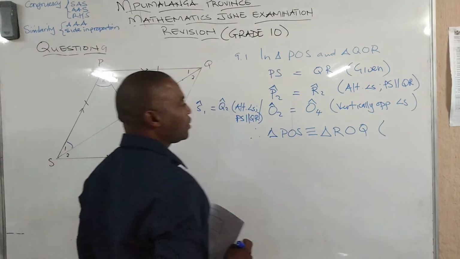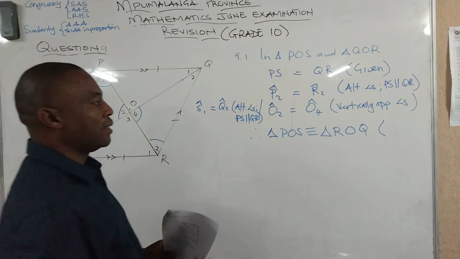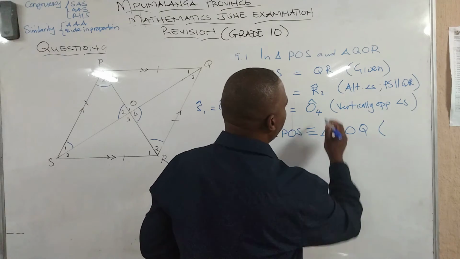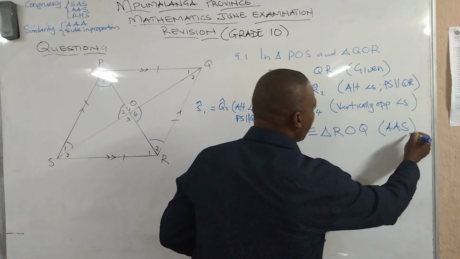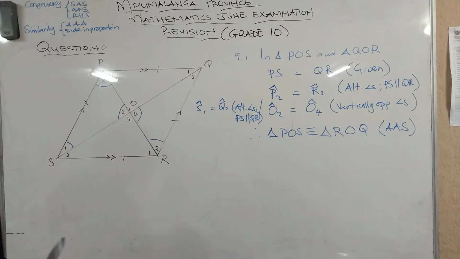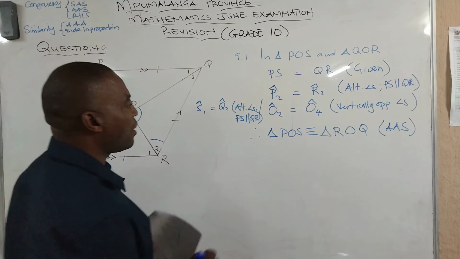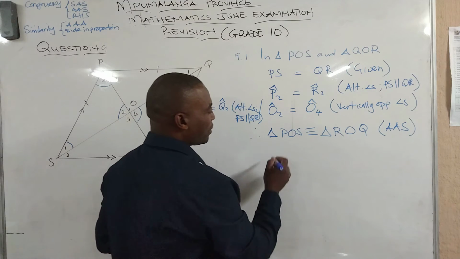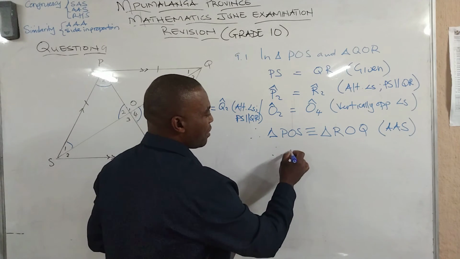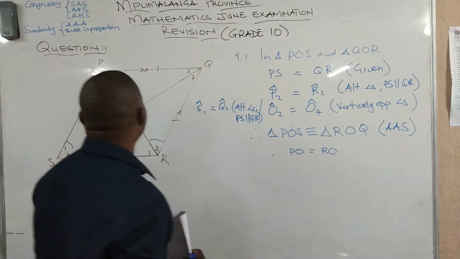And don't forget to state the reason why you have said these two triangles are congruent. That is angle, side. Now, it is from this that we can establish the sides that are equal. So we are saying therefore PO is equal to RO.